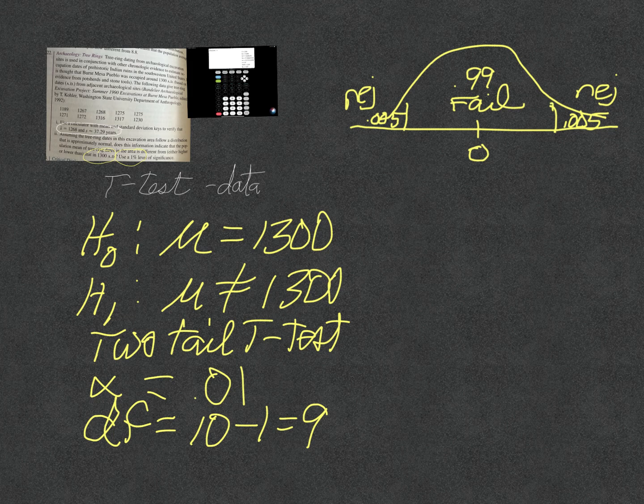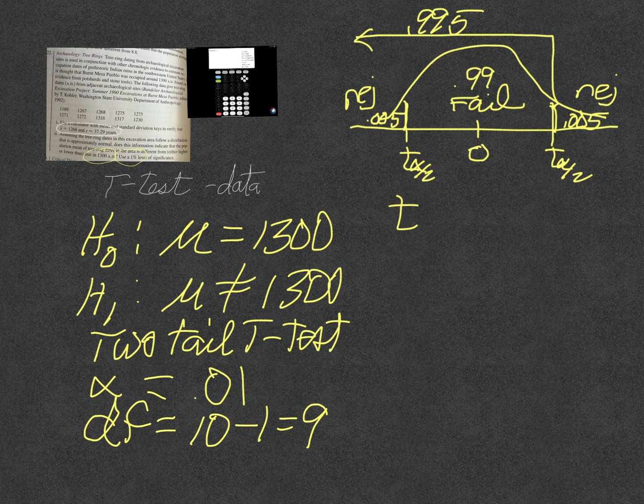So what we'd like to do is find the appropriate t value, in this case t sub alpha over 2, for this particular test. And that means we have 0.995 probability to the right of this top one up here. And so we can use that to find that t value.